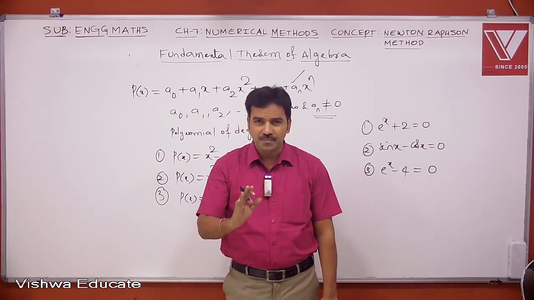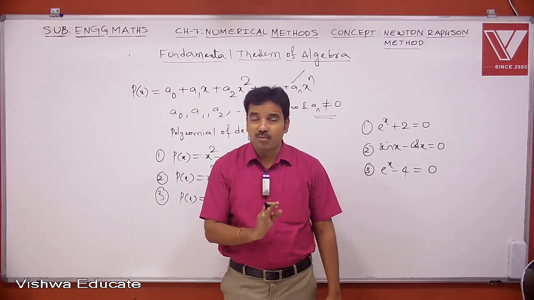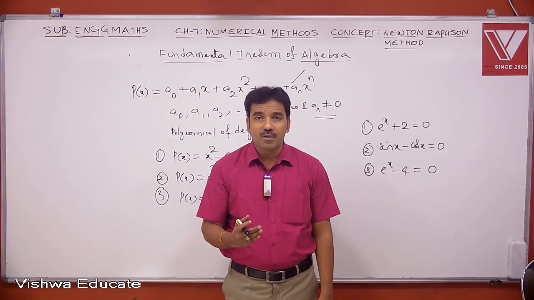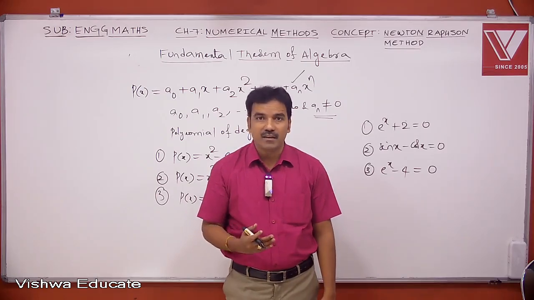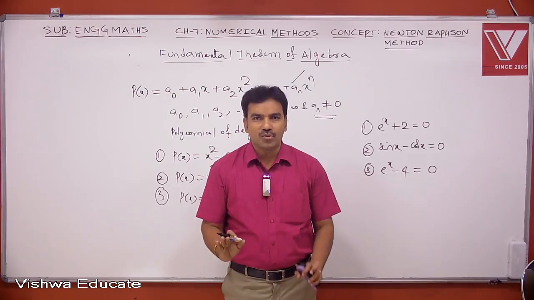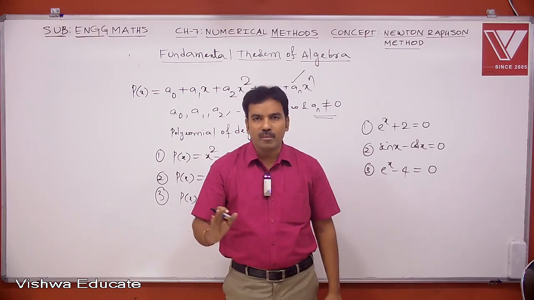So at first, the count is important. But in this case, there is no assurance about the number of roots. It may have exactly 1 root, or finitely many roots, or infinitely many real roots or complex roots also. That's a different issue. Whether they are real roots or complex roots, basically they are roots. Later we differentiate how many real roots and how many complex roots there are.